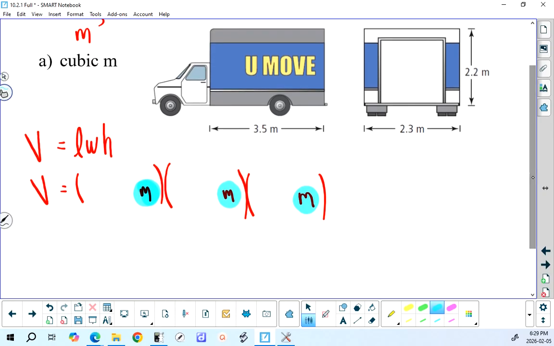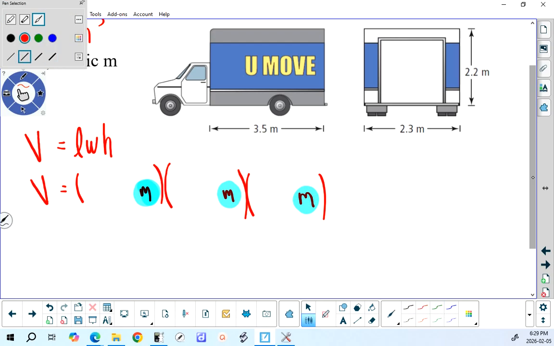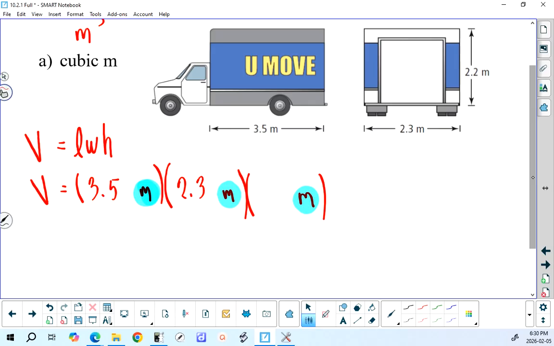We don't need any conversions here for this first part of this question, because all of the dimensions are given in meters. It's 3.5 meters long. It's 2.3 meters wide, and it's 2.2 meters tall.